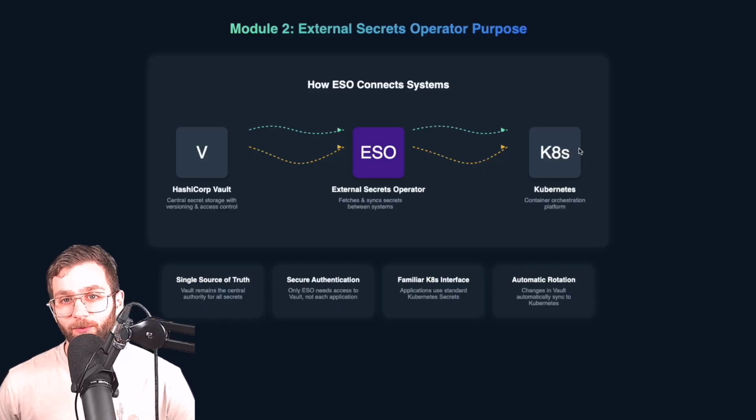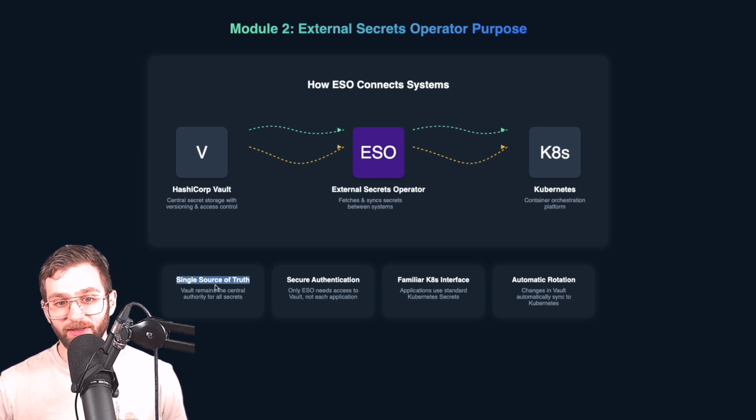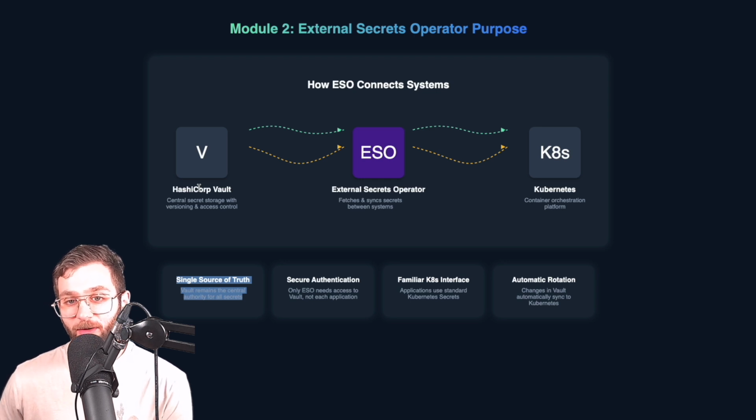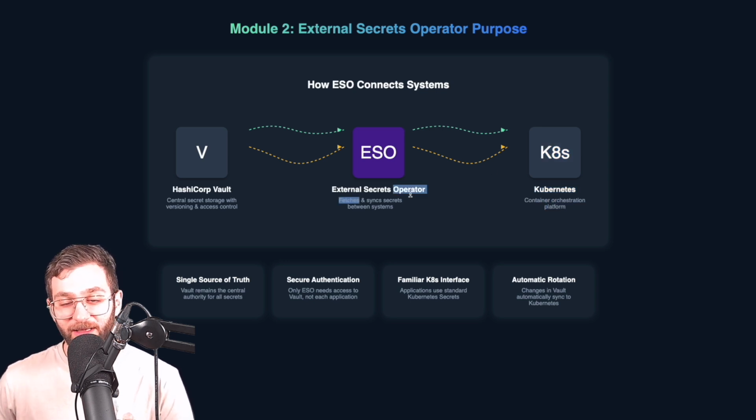In Module 2, we're going to set up the external secrets operator. So you'll remember that Vault is a single source of truth. It's a central secret storage for all of our sensitive data, and we need to access that data inside of Kubernetes, while the external secrets operator is what will act as an agent that will fetch and always synchronize the data from Vault into our cluster.